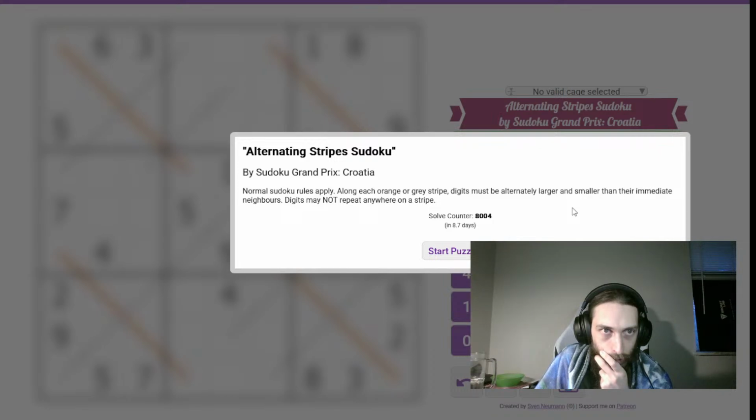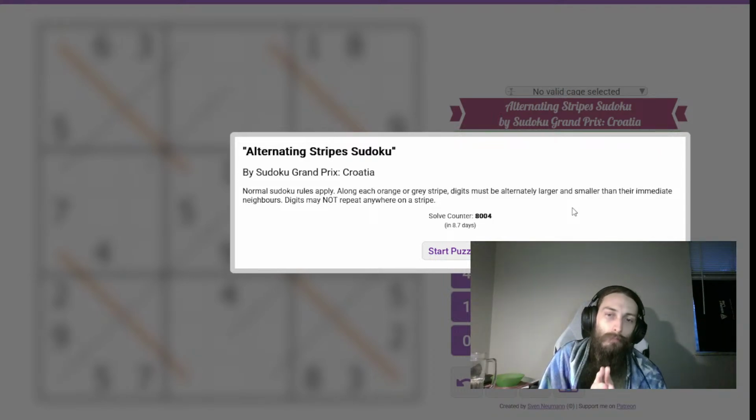No. Because it could go like 1, 9, 2, 8, 3, 7. That alternates the higher and lower. Yeah, but how would the 9 work? It would have to be on an end.